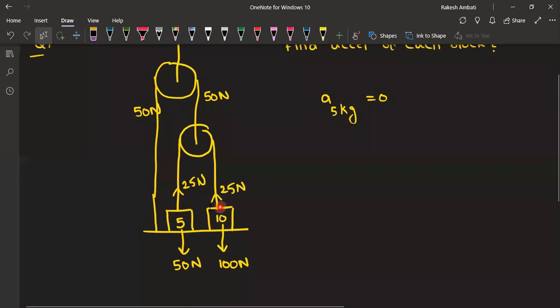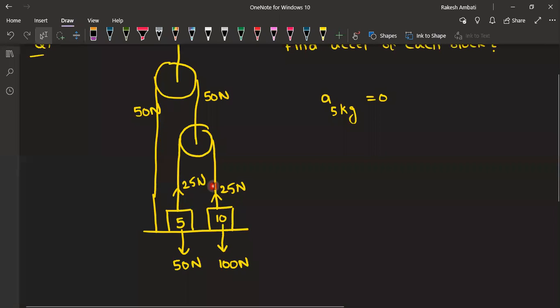In the same way, in the case of the 10 kg block, to lift a 10 kg block minimum we require 100 newtons. But in this case, what is the lifting force? Lifting force is only 25 Newton. This 25 Newton is not sufficient to lift a 10 kg block.